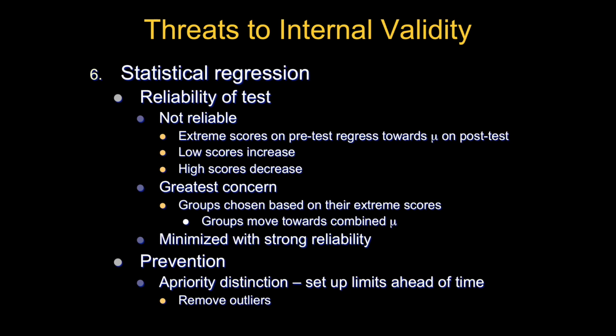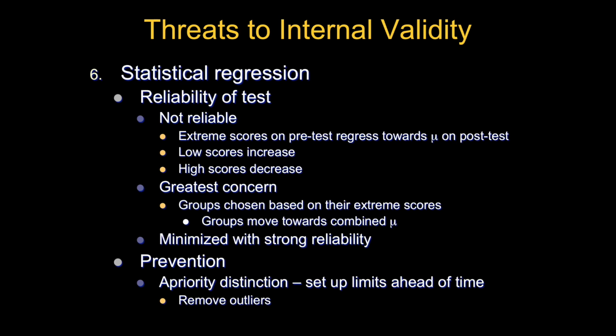And then we have statistical regression. The reliability of a test. If your test is not reliable, then you're going to get scores that are all over the place. You could get extreme scores that basically, if you end up with half your group getting +1 and half the group gets -1, that averages out to 0. So the tendency is to go to the average.